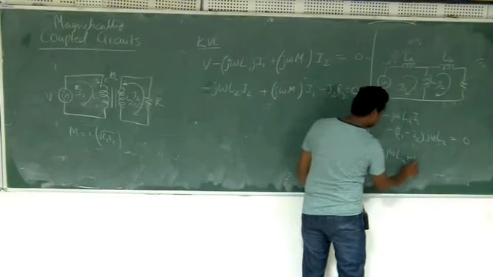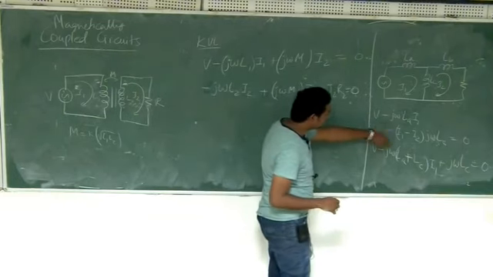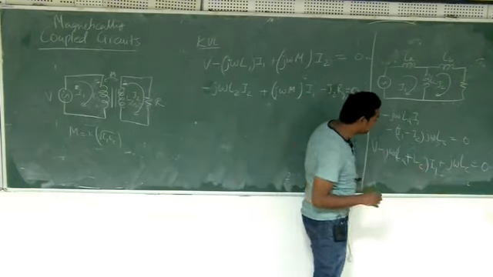Is that okay? Minus is there. Okay, and then this will be plus. Minus into minus is plus I2 into. Okay. So I just slightly reorganize the term. I1 I separated, I2 I separated.